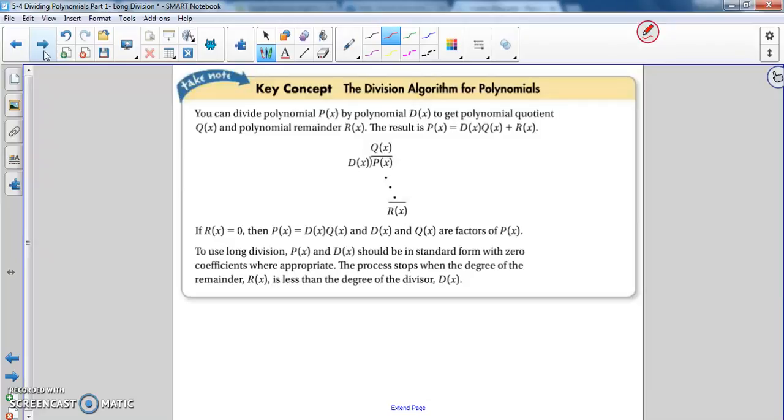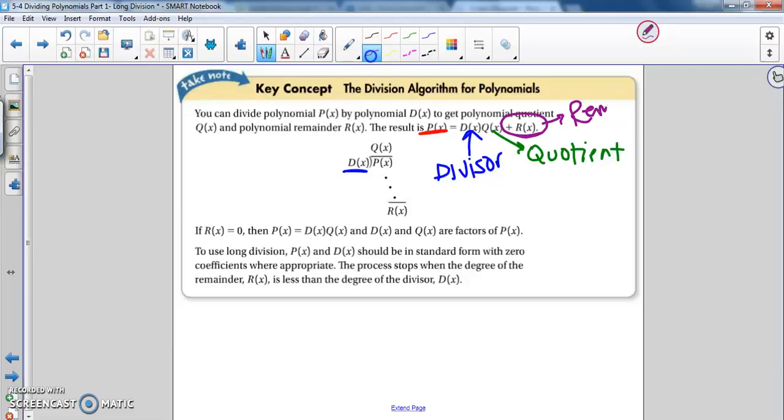The original polynomial we started with would be our divisor, or what we're dividing by, multiplied by our quotient, plus our remainder.